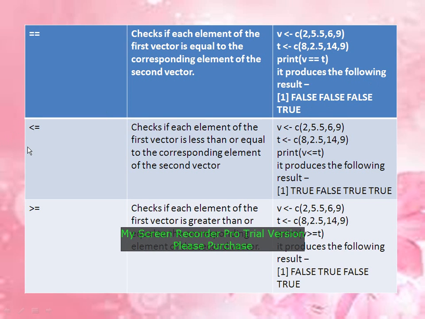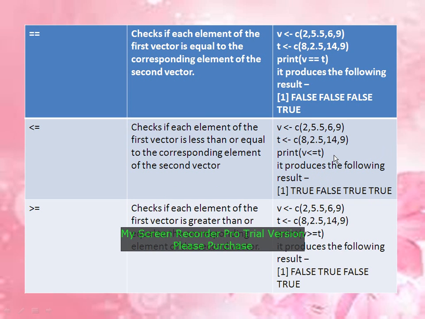Next, less than or equal to. This checks if each element of the first vector is less than or equal to the corresponding element of the second vector. Here, first check the less than.